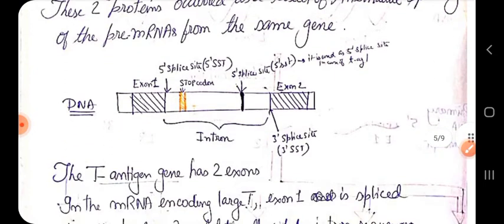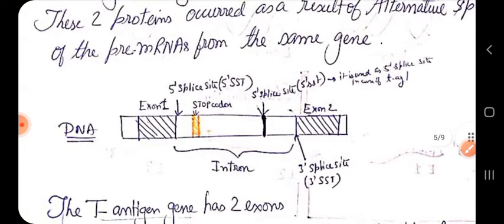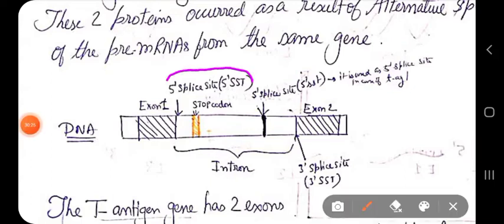Here we can see a few things between the intron and exon. We have seen the 5' splice site and 3' splice site before, but there are some more things to see here.